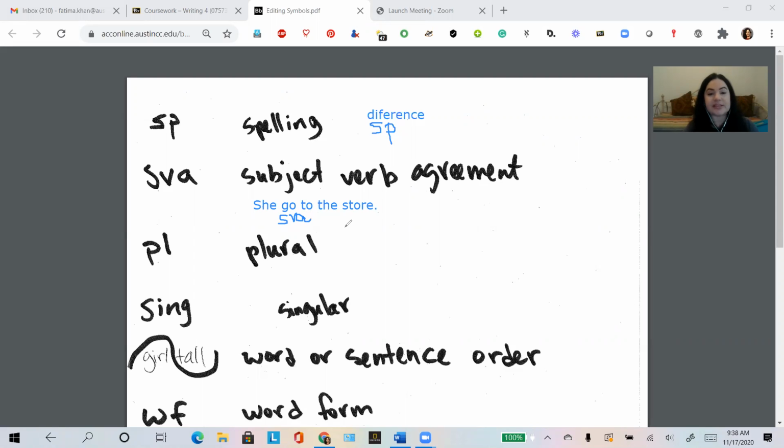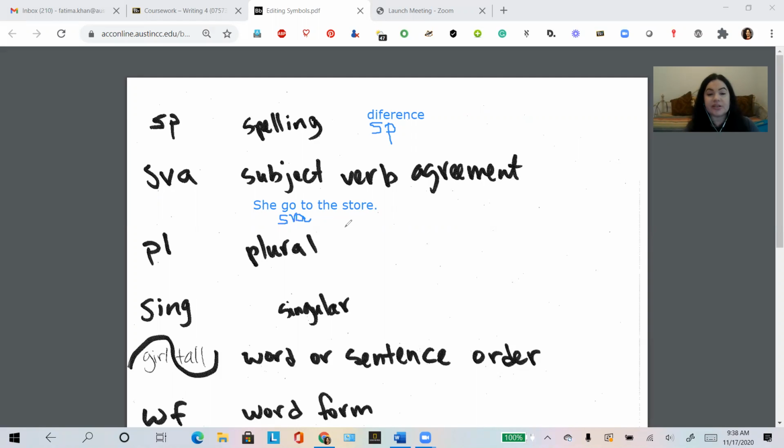But sometimes you have a subject that is filled with many words, or there is a coordinating conjunction or some other words that are coming between the subject and the main verb. So a student somehow, because of the distance between the subject and the main verb, writes the wrong form.